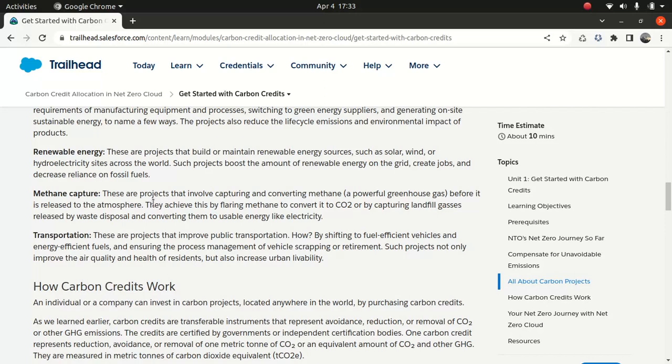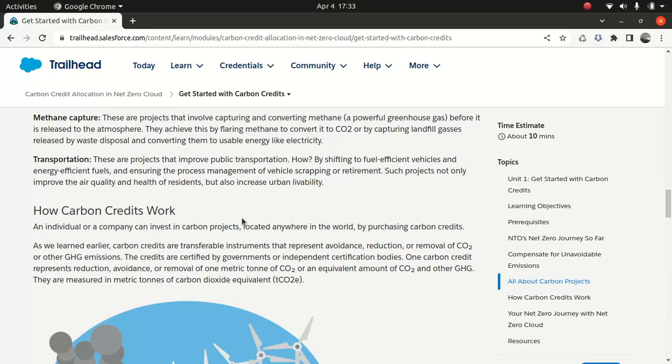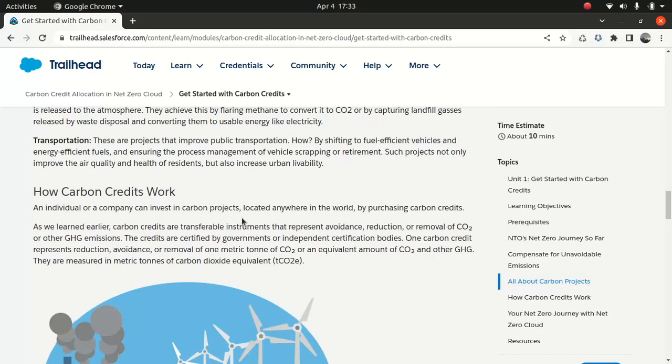So how does the carbon credit work? You can invest in a carbon project, as an individual or company located anywhere in the world, by buying carbon credits. Carbon credits can be transferable or retired, and retired credits can't be transferred. The carbon credit is a transferable instrument which represents avoidance, reduction, and removal of carbon dioxide.